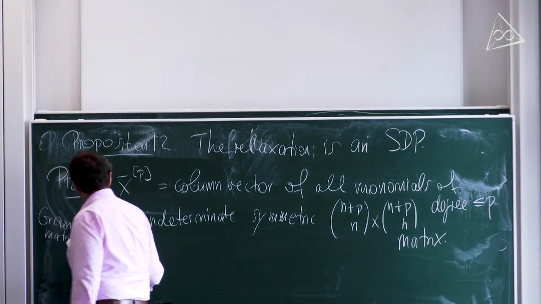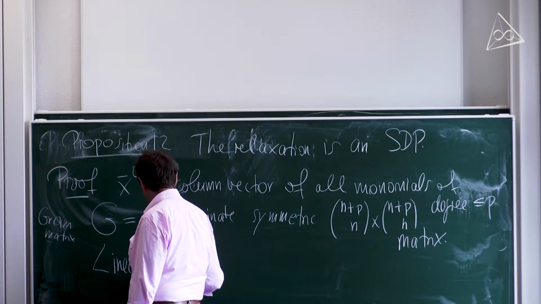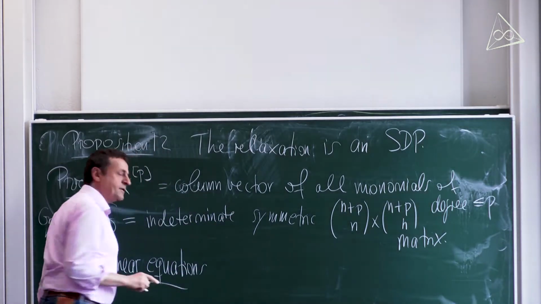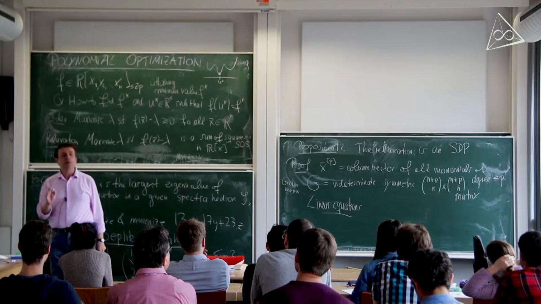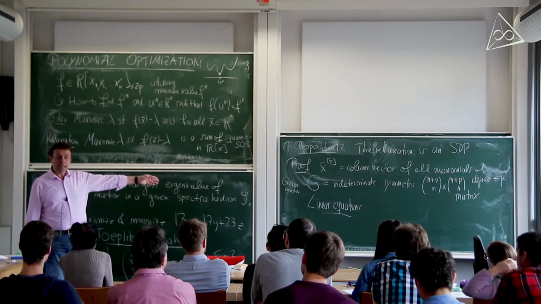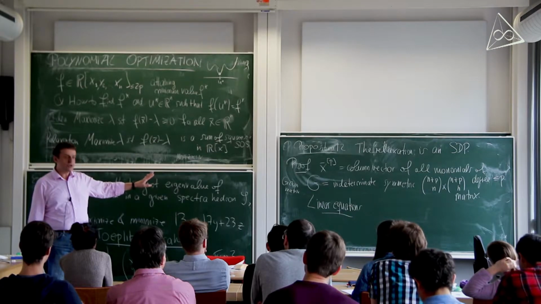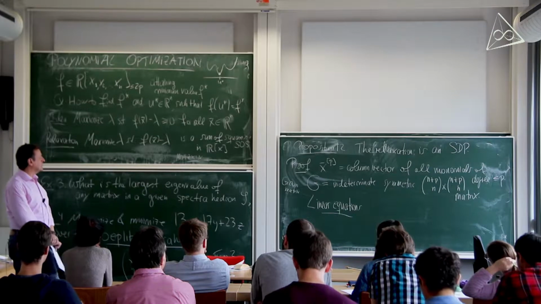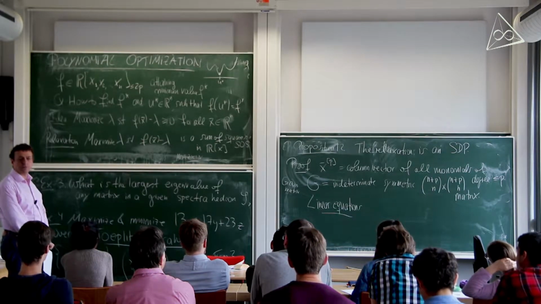So now I'm going to write down a linear system of equations. This Gram matrix will be the decision variable in the semi-definite program I'm going to formulate. Okay? So I'm now going to write down a system of linear equations in G, and then I'm going to require that G satisfy those linear equations and that it's positive semi-definite, and that some objective function is satisfied.